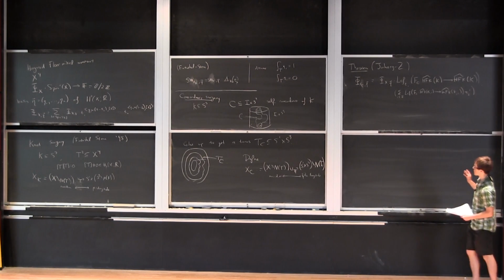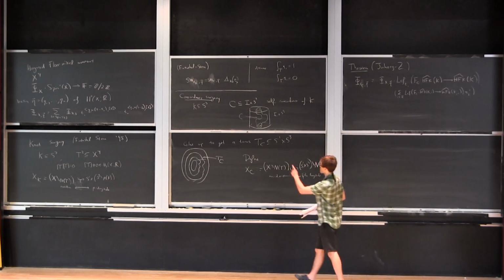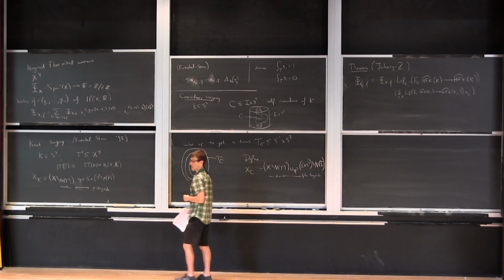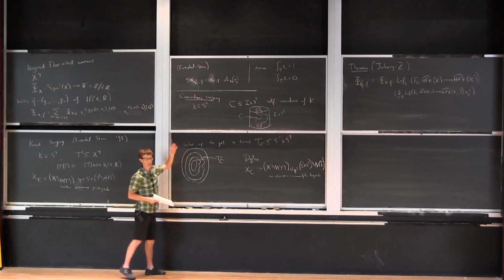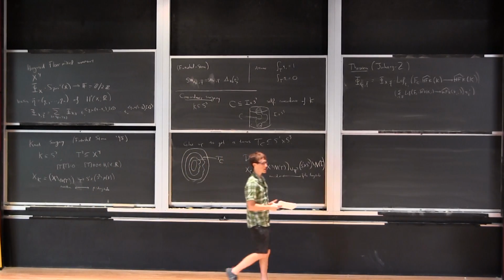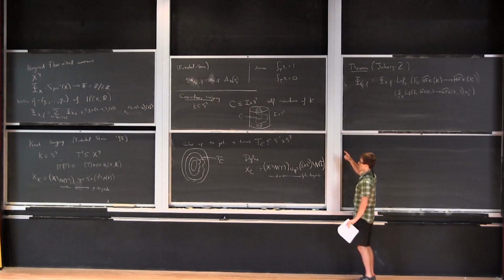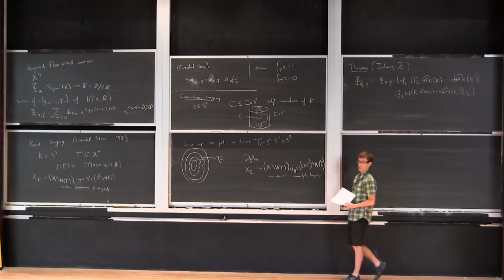Okay, so I guess one thing I want to mention, which I forgot to mention before, is that Fintushel and Stern proved this knot surgery theorem for the Seiberg-Witten invariant. And actually, Tom Mark proved this theorem for knot surgery for the Sutured-Floer mixed invariant.